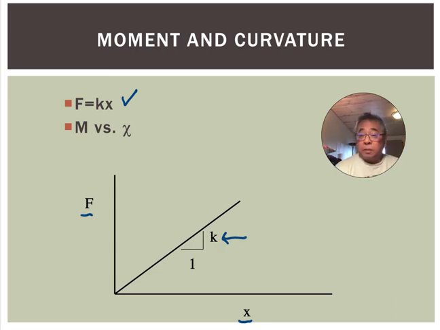What we're going to talk about is moment versus something called curvature, and that is also linear. And this is something you learned in 3200, but you might not realize you learned it. You know all about M over EI and stuff like that. I'm going to try and explain that. I'm going to back up and we'll talk about what that really is.